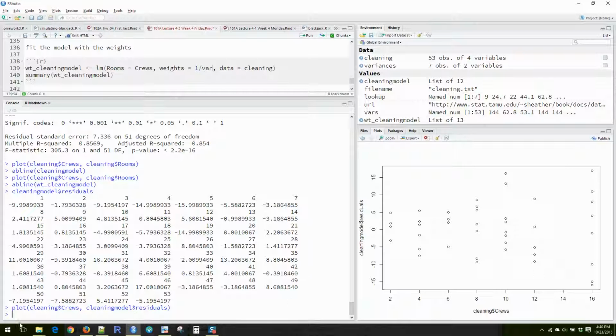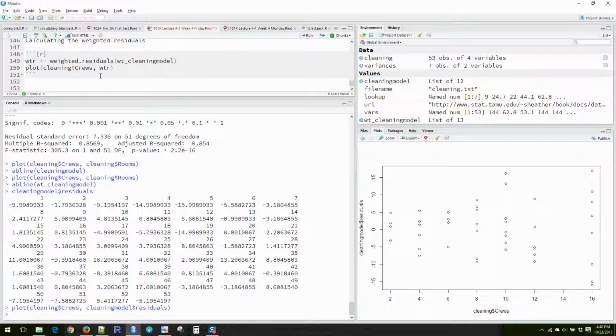The regular old linear model doesn't have the weighted residuals, so we have to call a function called weighted.residuals, and all we do is say: give me the weighted residuals of the weighted cleaning model.